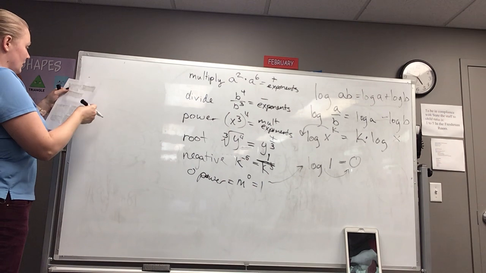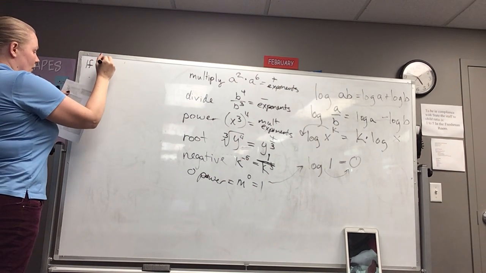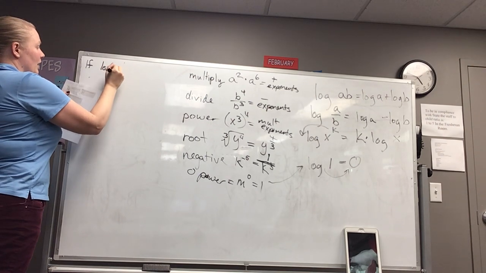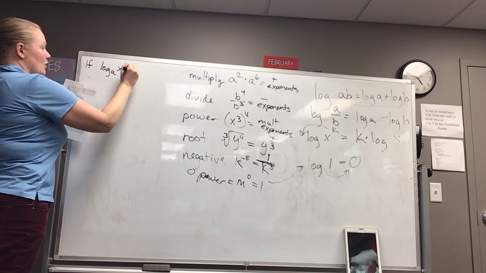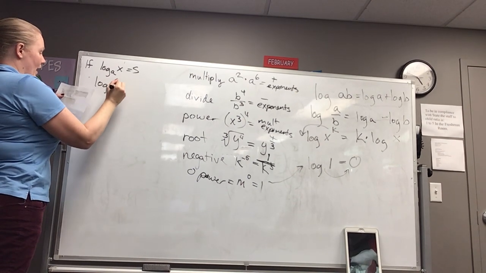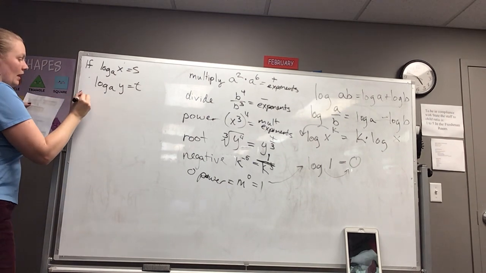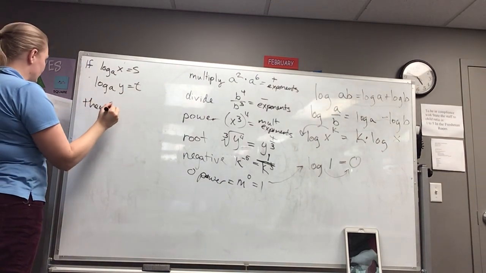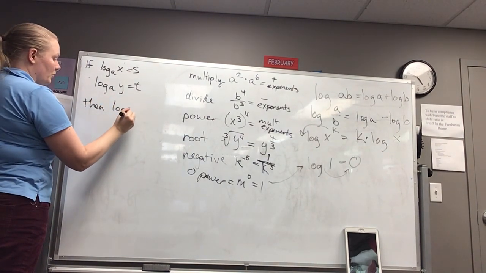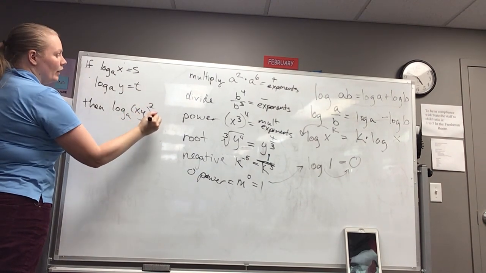But it says that if log base A of x equals s and log base A of y equals t, then what does log base A of xy squared equal?